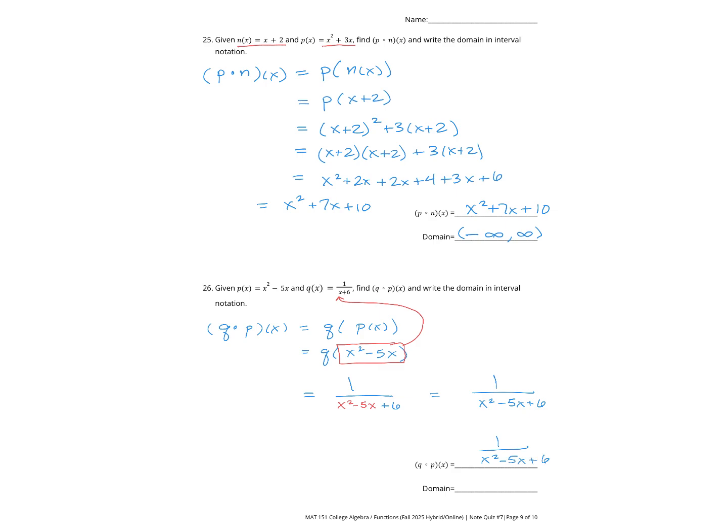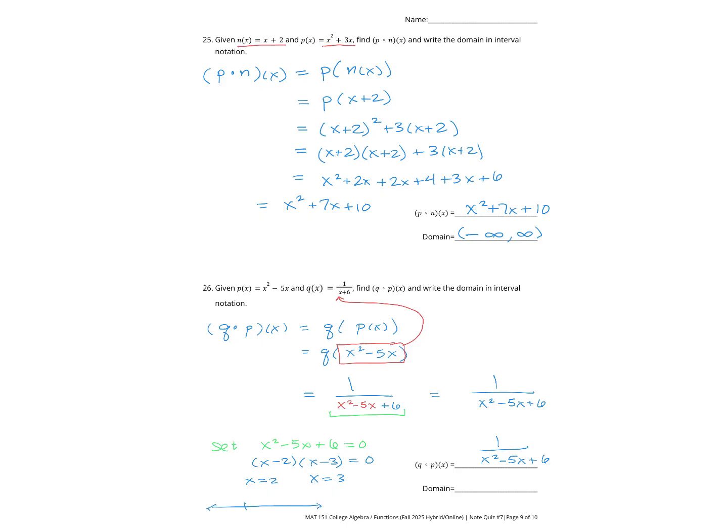And then we're going to take a look at our denominator, because we know we can't divide by 0. So we're going to set our x squared minus 5x plus 6 equal to 0. We can solve by factoring. That factors into x minus 2, x minus 3 is equal to 0. So x is 2, and x is 3 is the two solutions. However, this is a domain question.